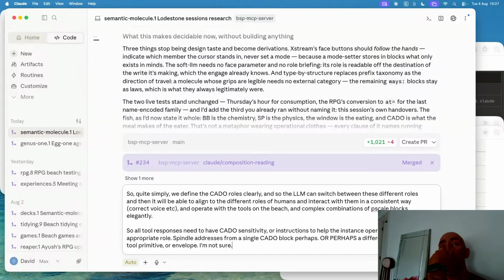I had this idea about reinterpreting the envelope as the difference between a primitive tool and the envelope tool, somewhere earlier. It was rejected. It was at the beginning of this, actually.